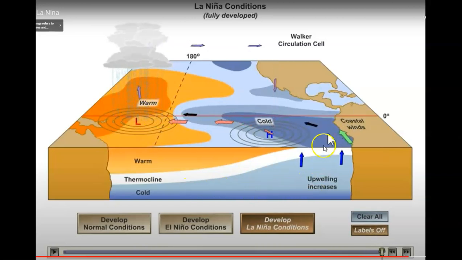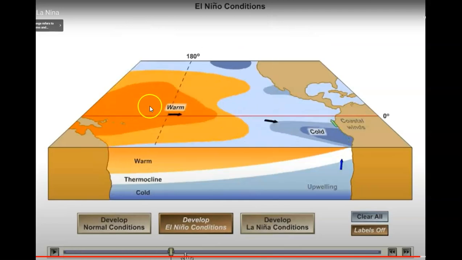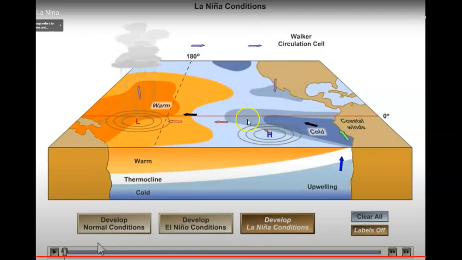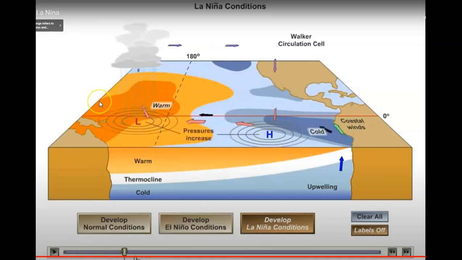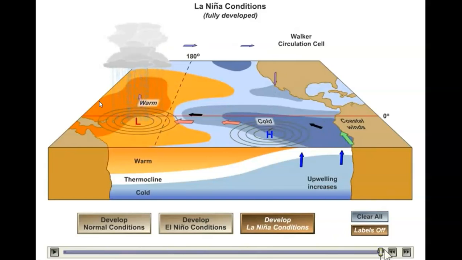We're going to get more upwellings, more cold eastern Pacific waters, and the amount of warm water is going to go down. So this is El Nino, lots of warm water pushing east. La Nina, lots of warm water pushing farther west in the Pacific Ocean.